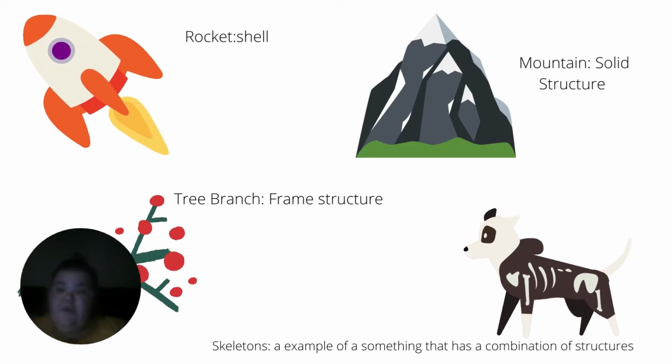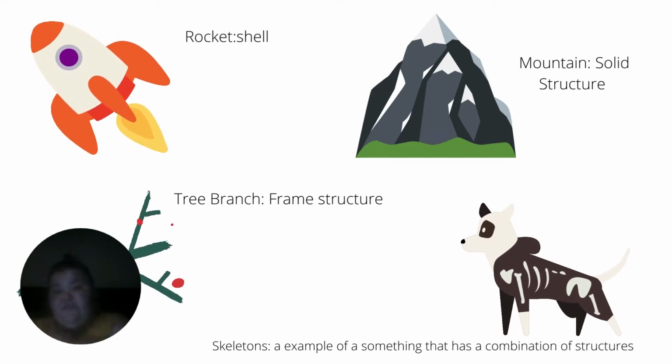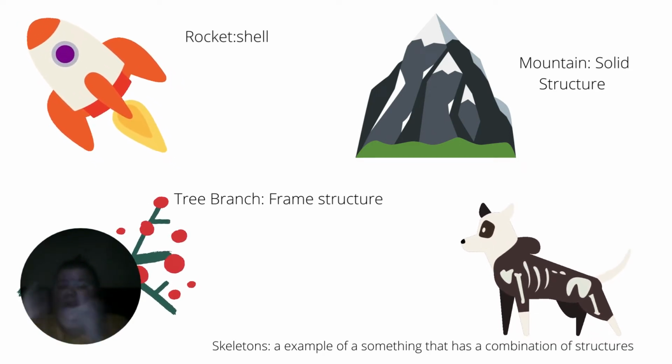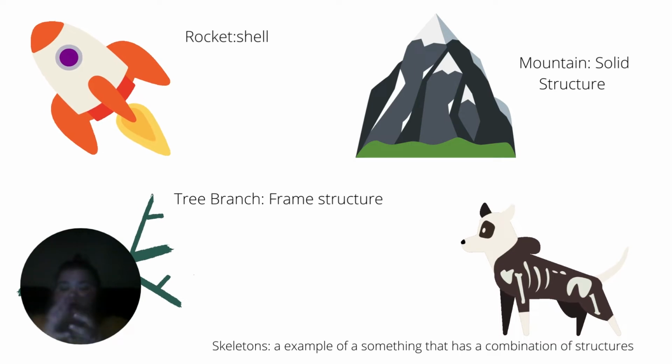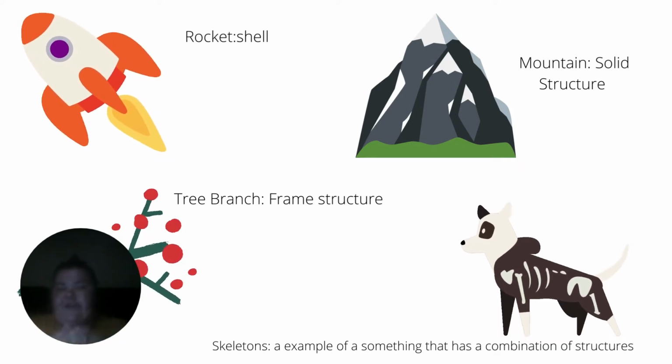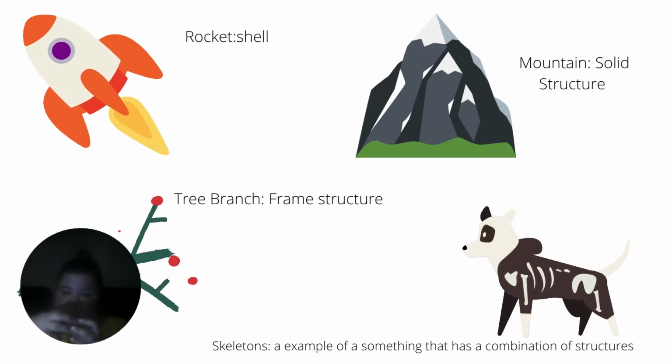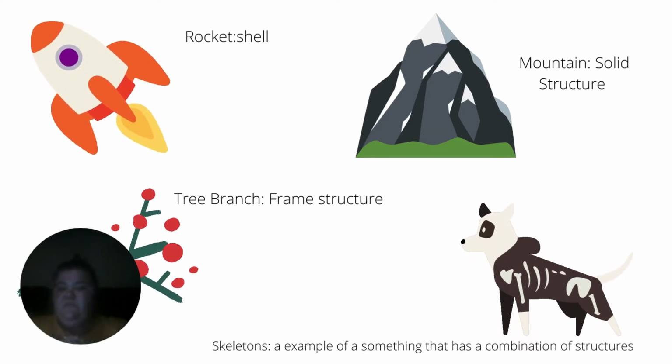And though it's made out of a few different things like a frame structure, because it can physically hold humans and liquids and food and solids, we call it a shell because it holds things. Okay.